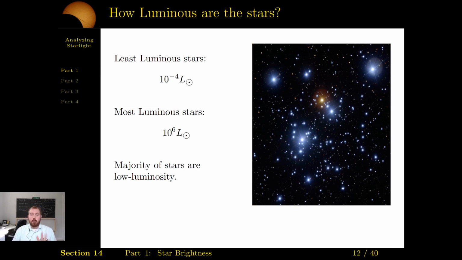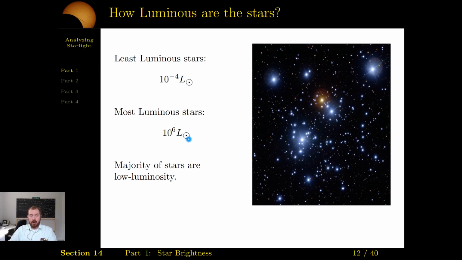So, from this work, this is about the range that we've managed to figure out. The least luminous stars in the universe are about 10,000 times less luminous than our sun. Remember, L sun is the luminosity of our sun. So we found that a lot of stars can be 1,000 times weaker than our sun, or 10,000 times.